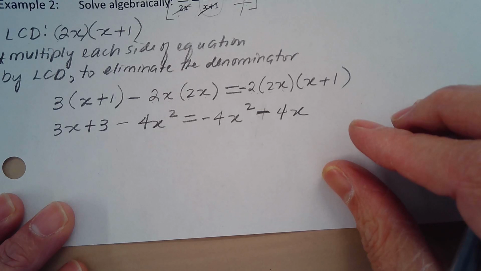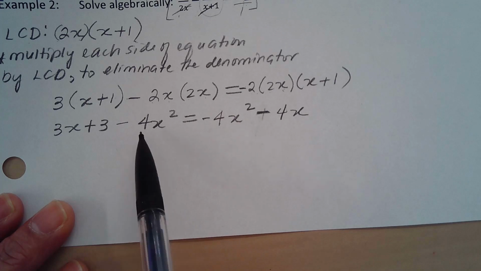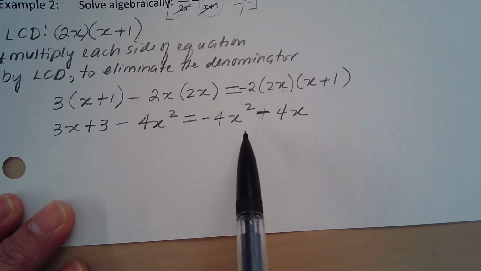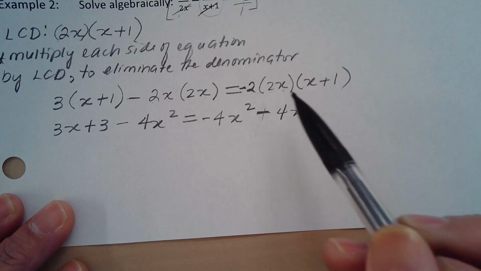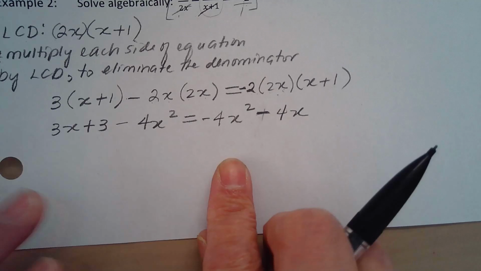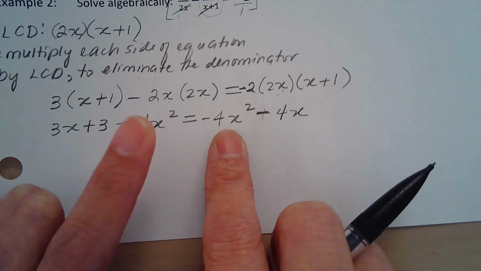Okay, so what can we do? Looks like we might have a quadratic equation. Now I have negative 4x squared on one side and negative 4x squared on the other side.